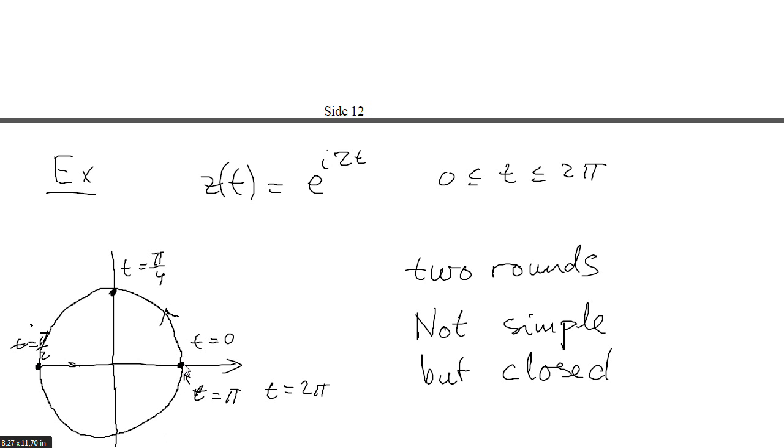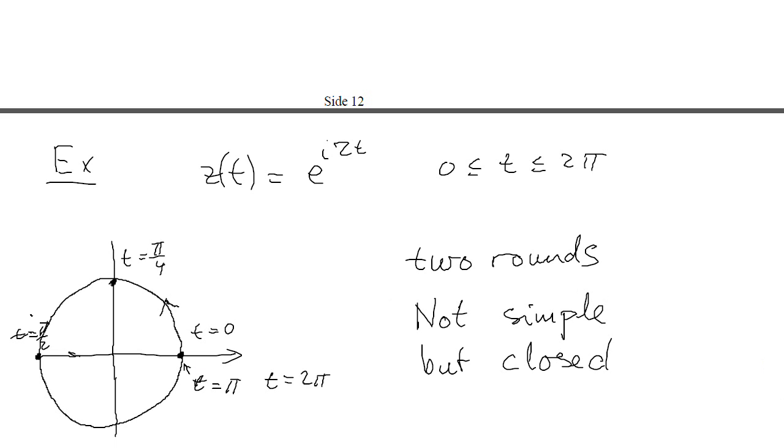So we are going 2 rounds in the counterclockwise direction, but this is not a simple curve. It's closed because the starting point and the end point are the same, but it's not simple because it intersects with itself during this time from t equals 0 to 2 pi.